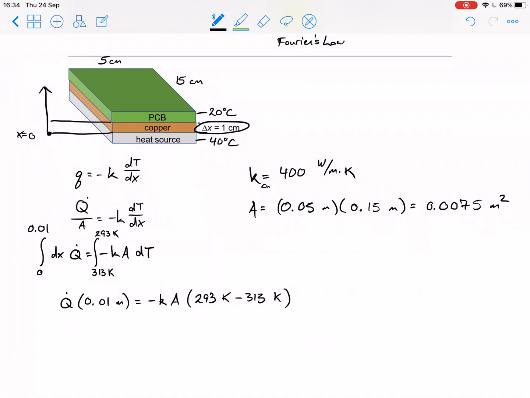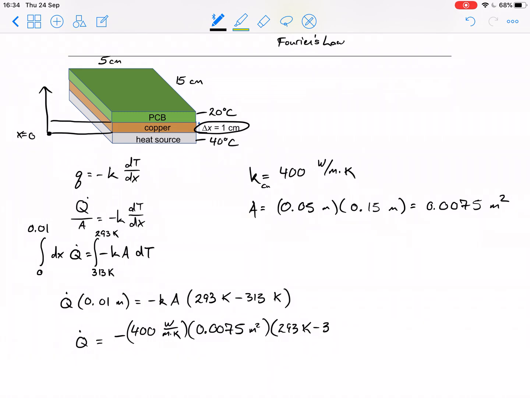So what we are after, again, is this value of Q. So we plug in all these values. There's our K, our area, our delta T, which we'll note is negative.